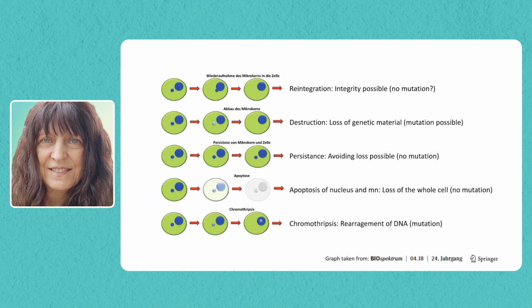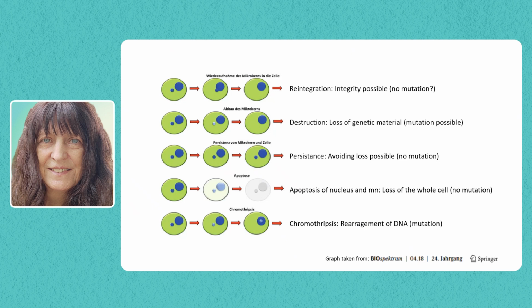There might be persistence. It might just stay there. And then you may not have a mutation if it's still active genomic material. These are just the theoretical considerations now. Or you might have apoptosis because this extra thing might be a signal for the cell to go into self-destruction. And then you lose the whole cell. You have no mutation.